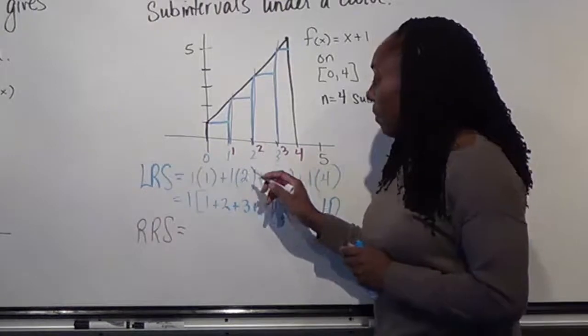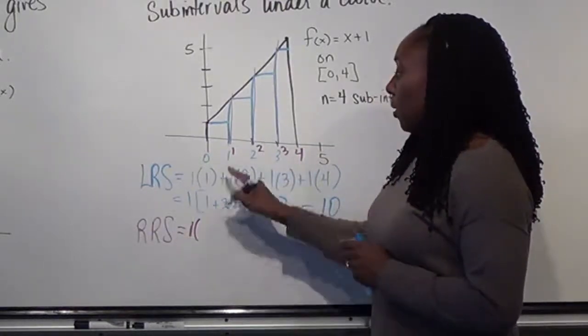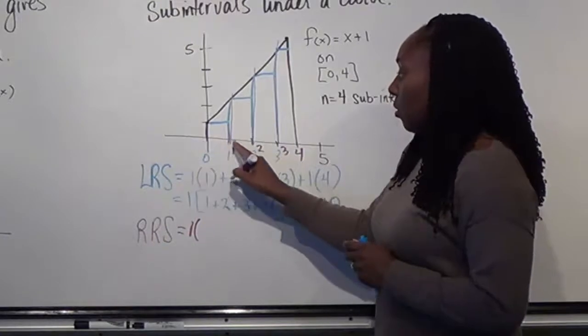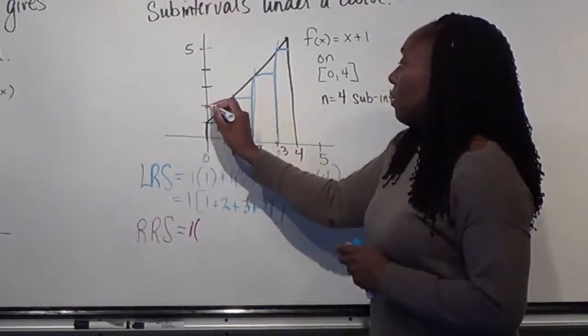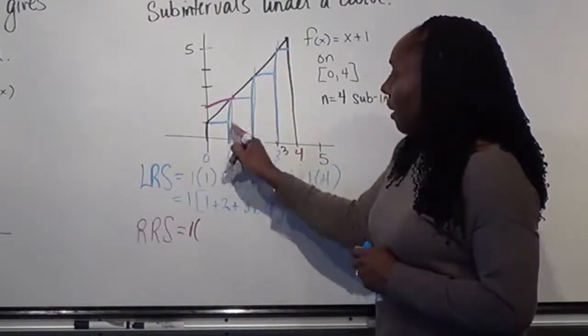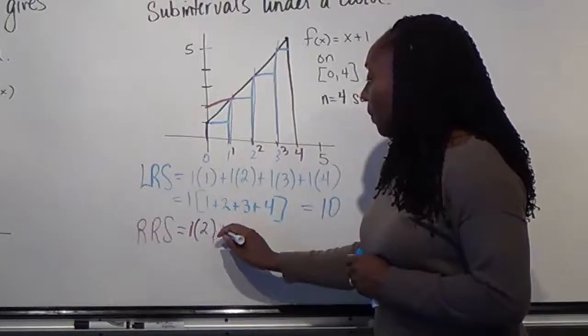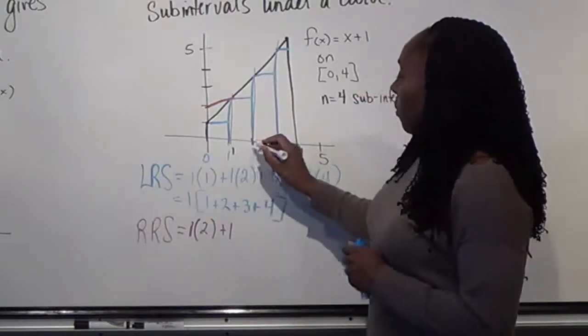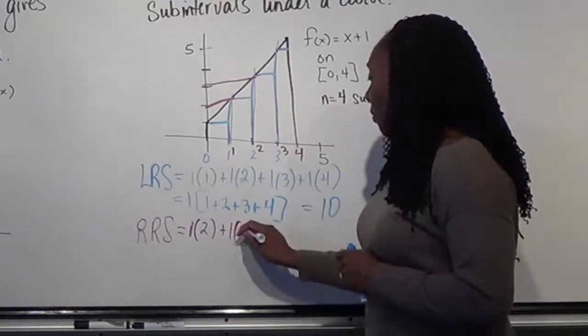And so when I take my height of the function, so again, at my first one, the length is still going to be 1, but now I'm taking the height there. So at 1, I have a height of 2. At the next one, when I come over, I'm getting a height of 3.